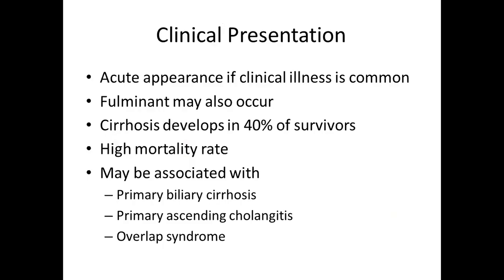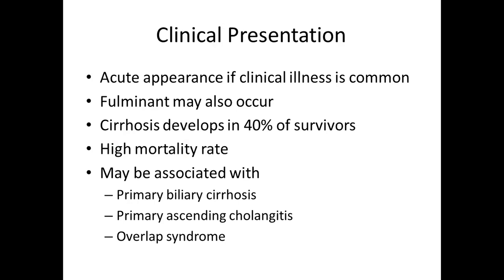Clinically, acute presentation is quite common, and fulminant hepatitis may occur. Cirrhosis usually develops if the patient survives the fulminant hepatitis and chronic hepatitis ensues, developing in almost 40% of the survivors.